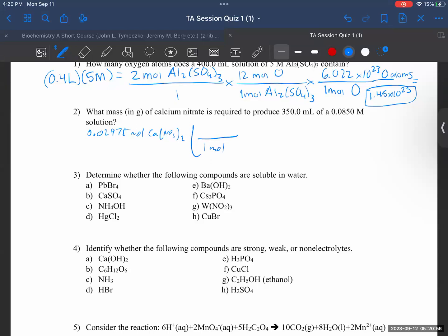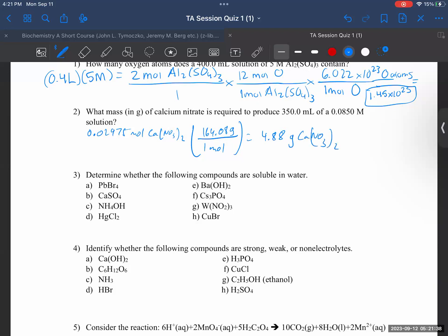It's 164.08 grams per mole. Now when you solve this out, what do you get? 4.88, on the dot. All right, 4.88 grams of calcium nitrate.